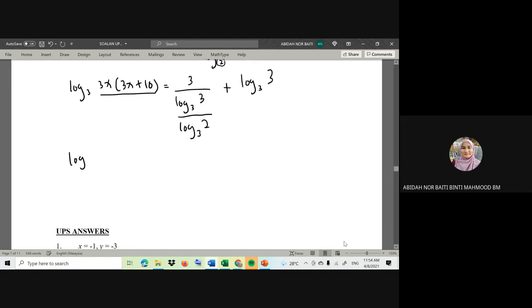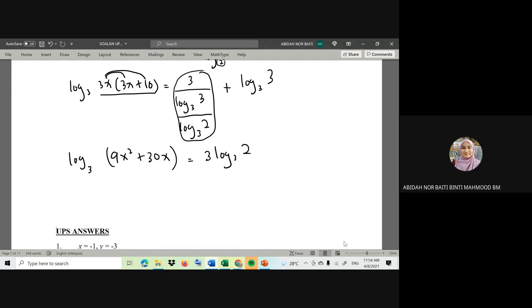Expand lah, expand. So here we get log 9x squared plus 30x base 3. Okay, belah sini simplify. Tak nak biar macam tu ya. 3 over log 2 base 3, reciprocal lah kan. Okay, log 3 base 3 equal to 1. So your denominator is 1. Plus log 3 base 3.